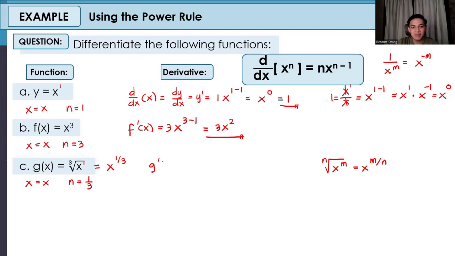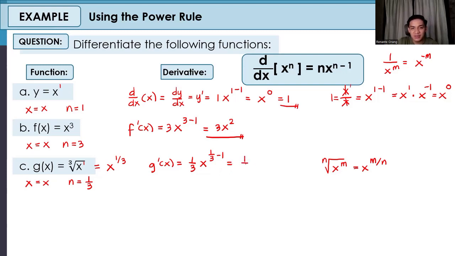We have g prime of x, or also called as the derivative of our function g of x, is equivalent to n po natin is 1/3. X po natin is x. N po natin is 1/3 minus 1. And then simplify natin.